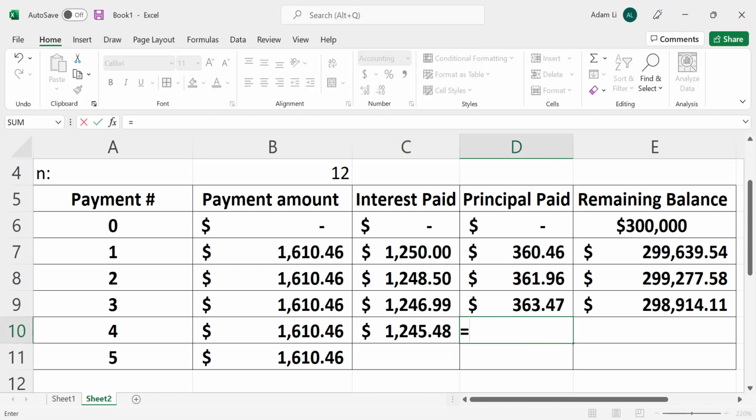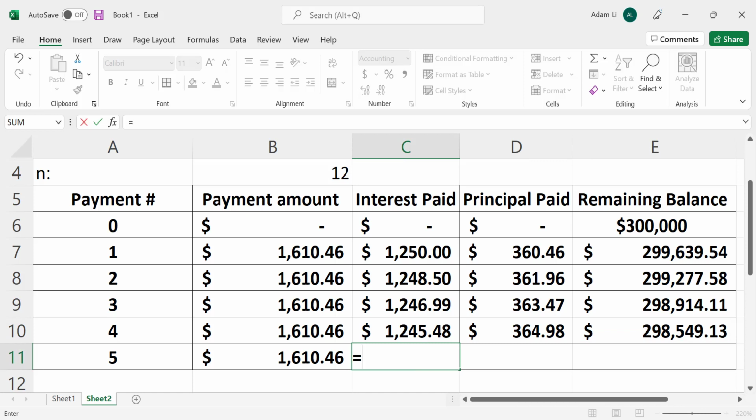So the difference between the total payments, 1610.46 minus 1245.10, is 364.98. And then the principal paid becomes slightly bigger. So now remaining balance is 298,914.11 minus 364.98, and the difference is the remaining balance.